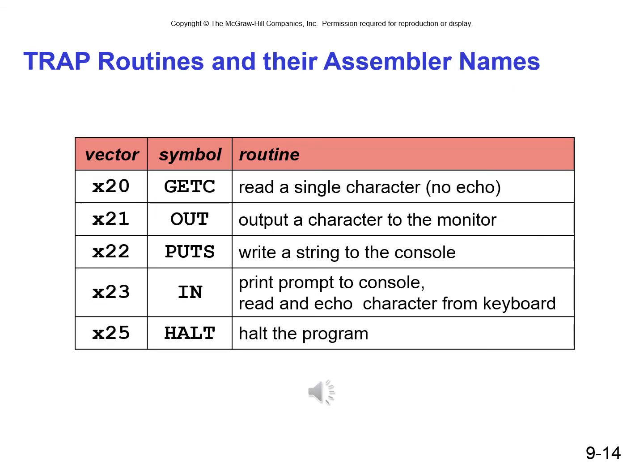And here's another table showing the trap routines and their assembler names. Remember, the vector is the address in the trap vector table where the starting address for the trap routine is stored.